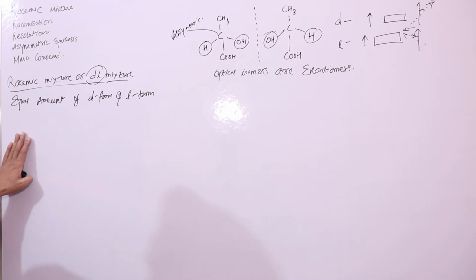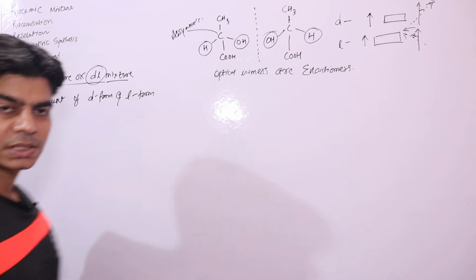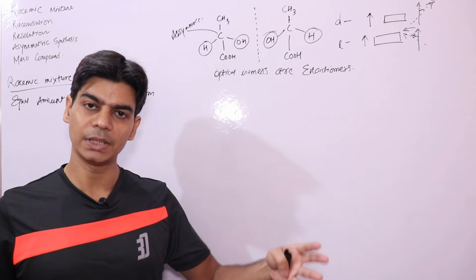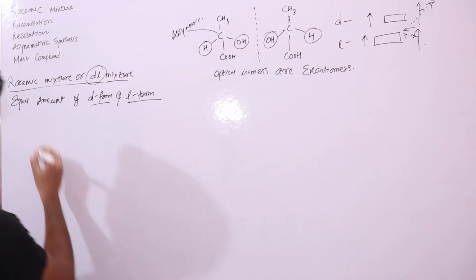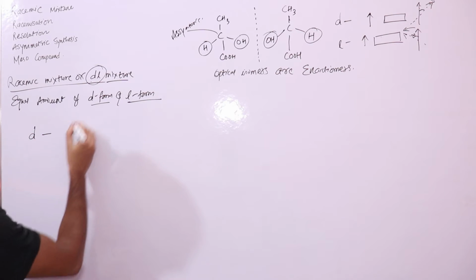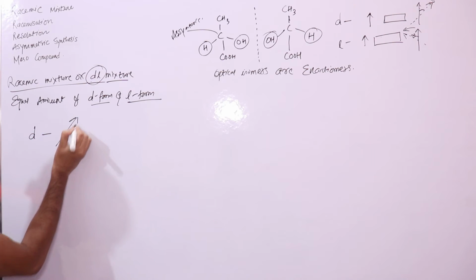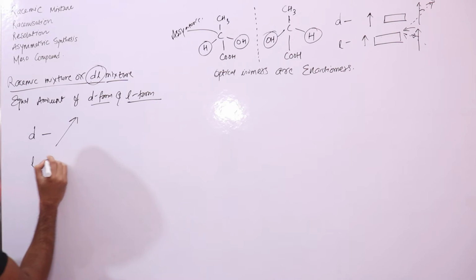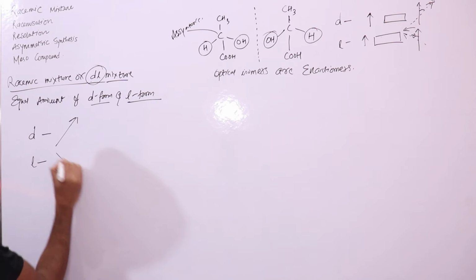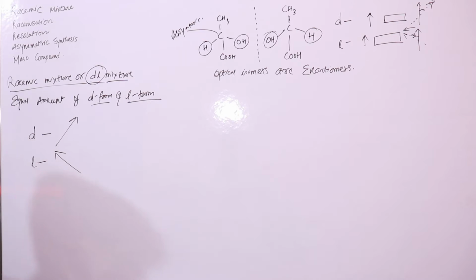So when you pass the plane of polarized light through a racemic mixture, it has D form and it has L form, right? Now the D form will try to rotate the plane of polarized light towards right, and the L form will rotate the plane of polarized light towards left, right?